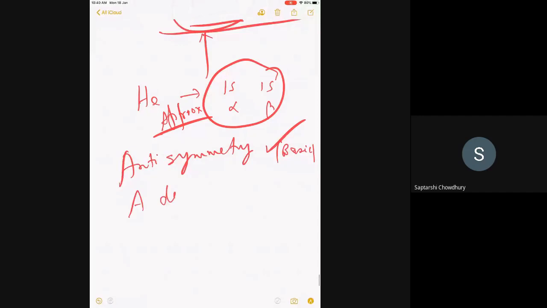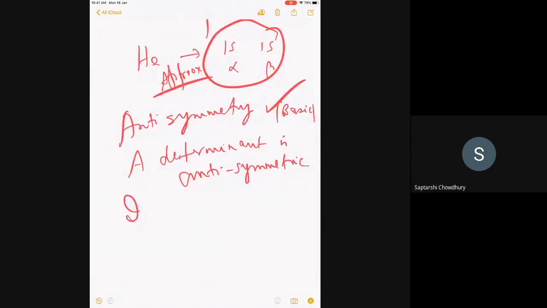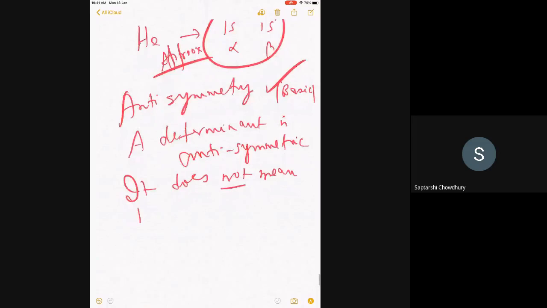A determinant is antisymmetric. However, it does not mean that a determinant, a single determinant, is an exact solution.